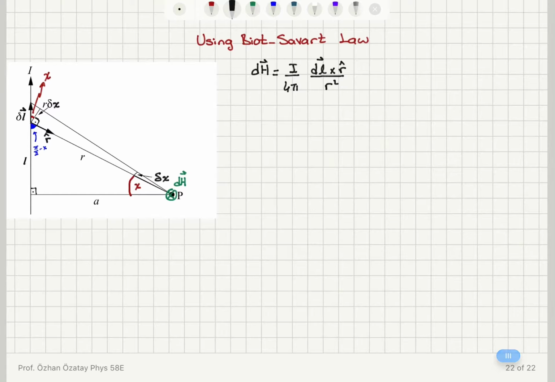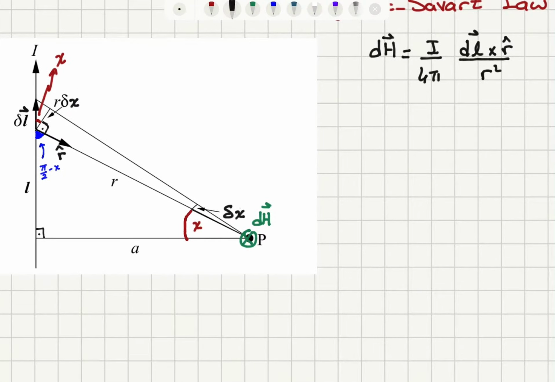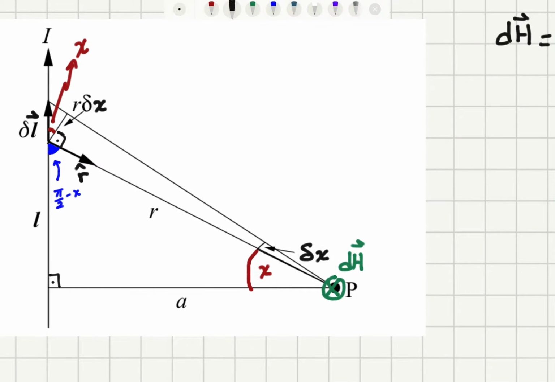So you can see that the angle between the dl vector and r hat vector here is, if I call the angle between r and a to be x, will be equal to 90 degrees plus x. So this is pi over 2 minus x here.